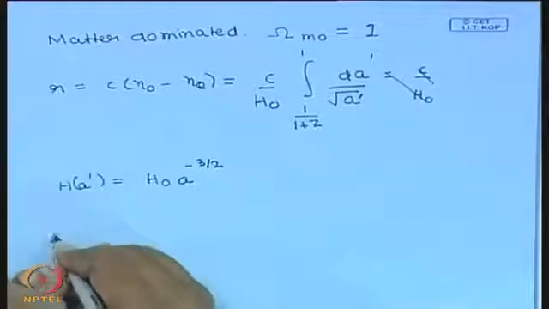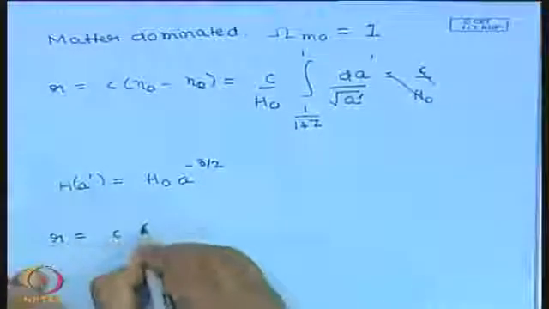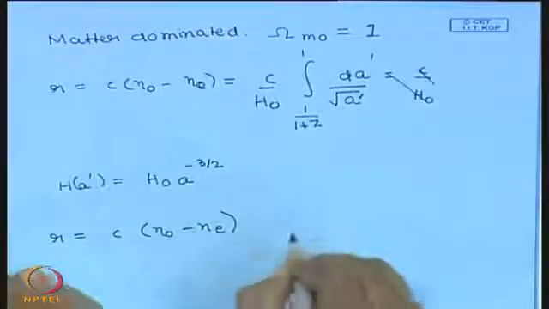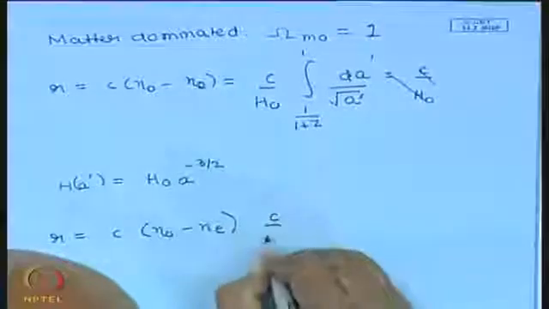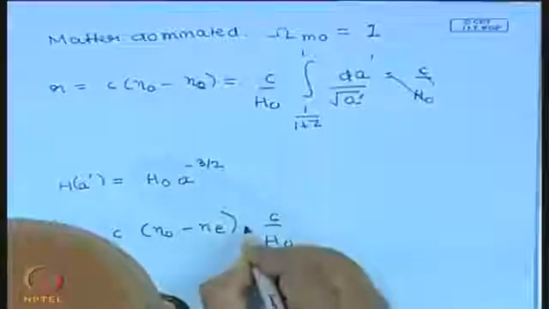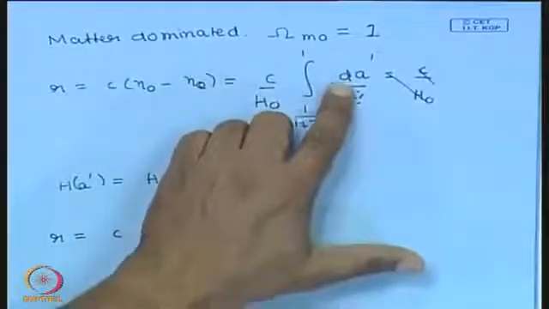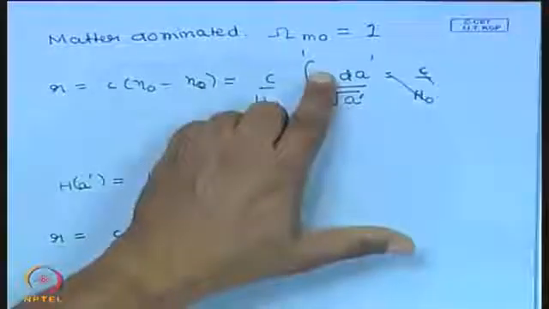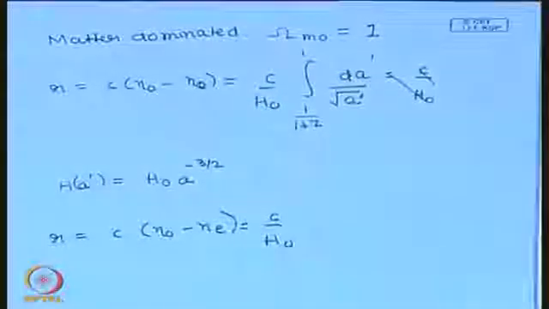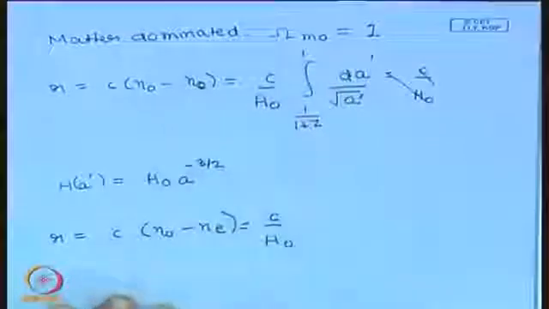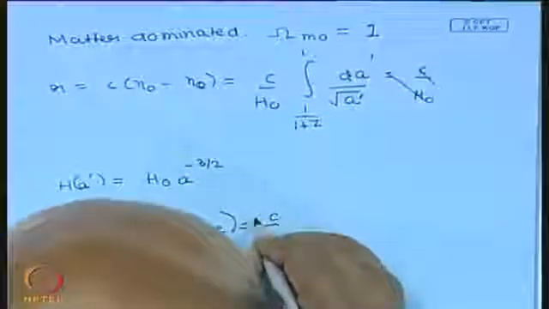So what we have is r is equal to c times eta naught minus eta emitted, which is equal to c by H naught. The integral over here is 2 root a prime, and the upper limit is 1, so I can put the 2 here.